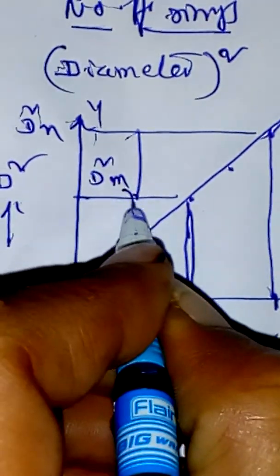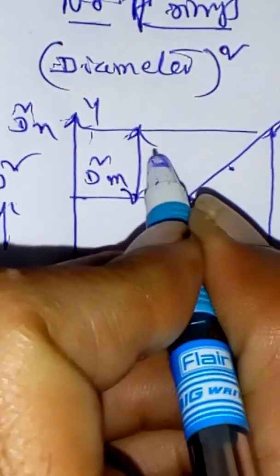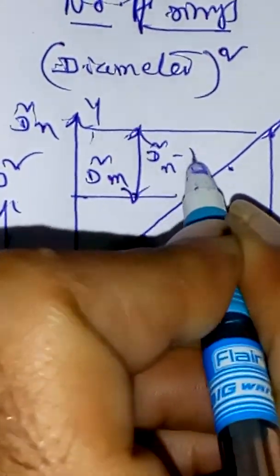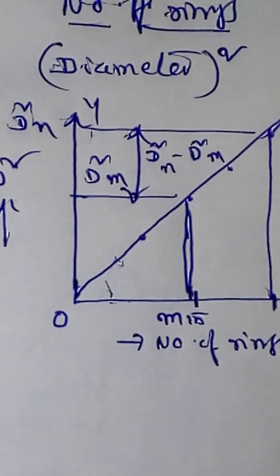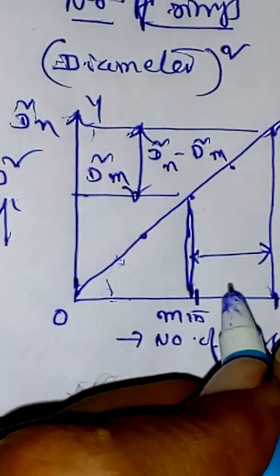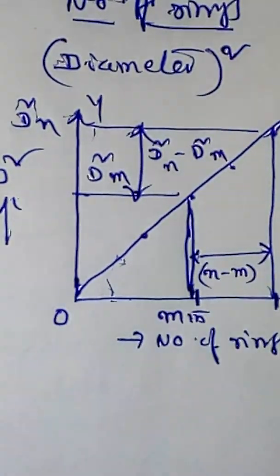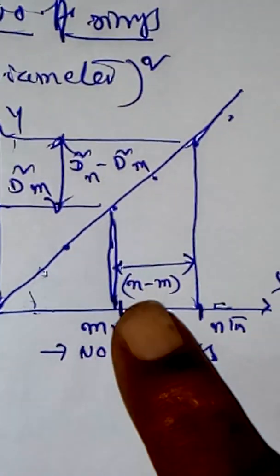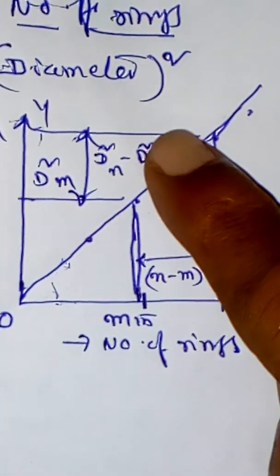Now this difference, if you take, what does it give? It gives the d square n minus d square m value. This horizontal difference gives you the n minus m value.